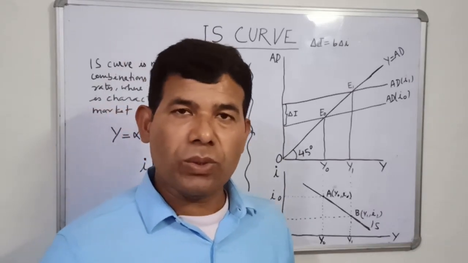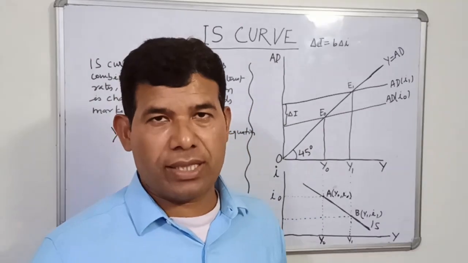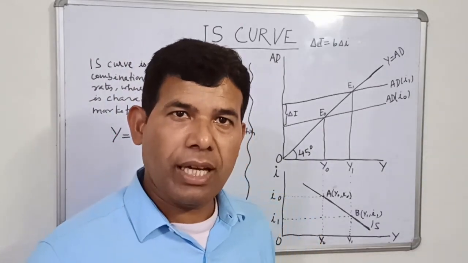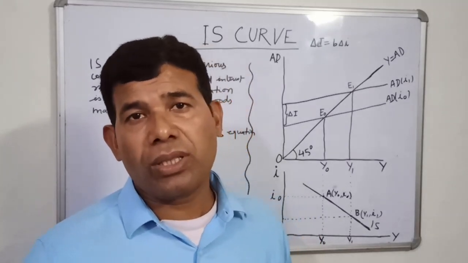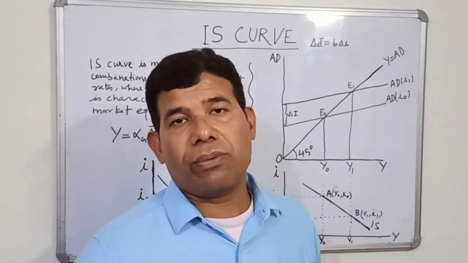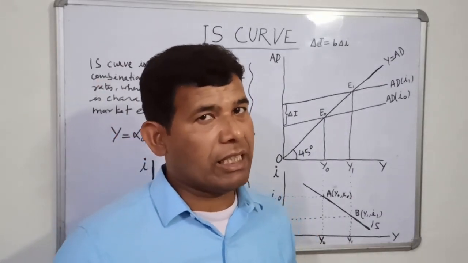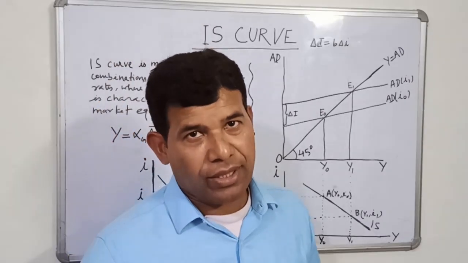You can use any one of these approaches to understand how fiscal policy and monetary policy influence the economy. When we are talking about the influence of fiscal policy and monetary policy on the economy, we are talking in terms of GDP and in terms of interest rate.